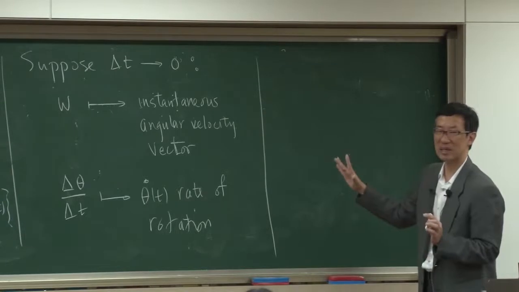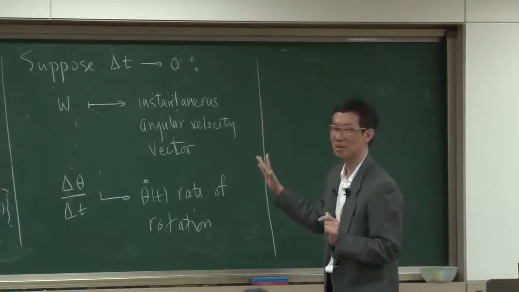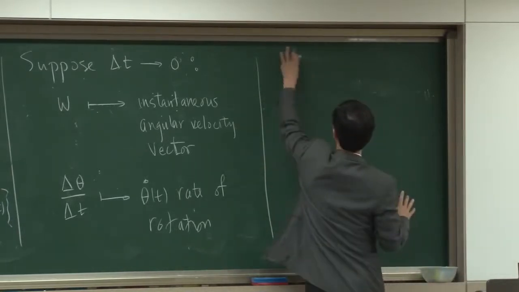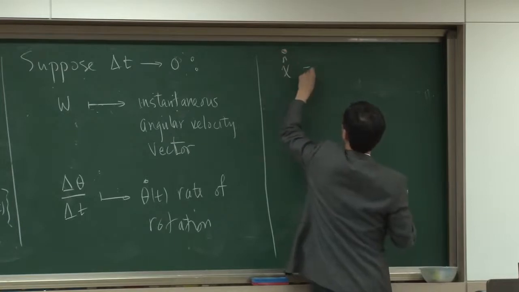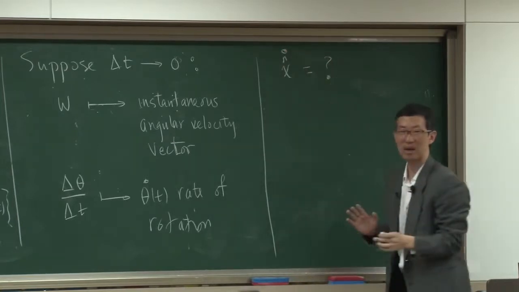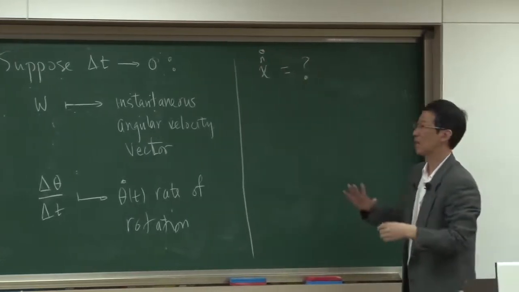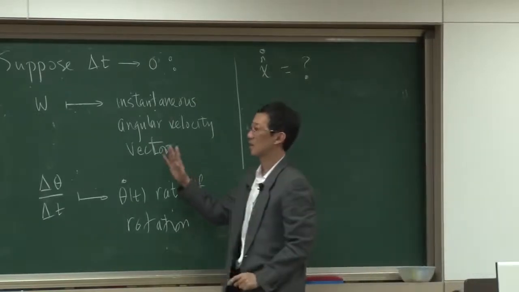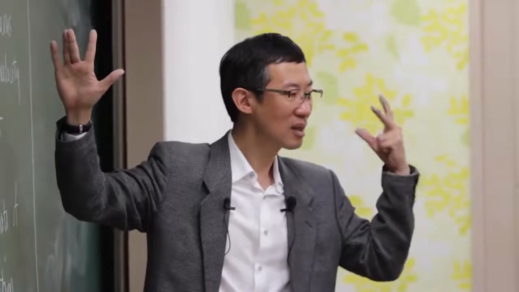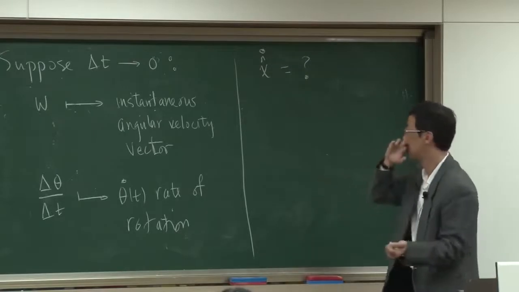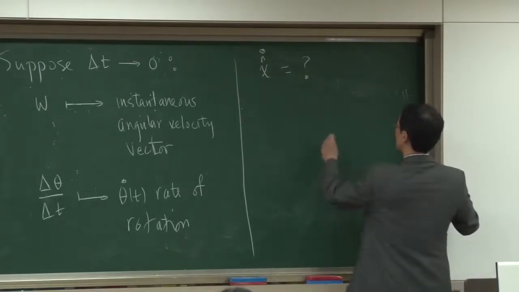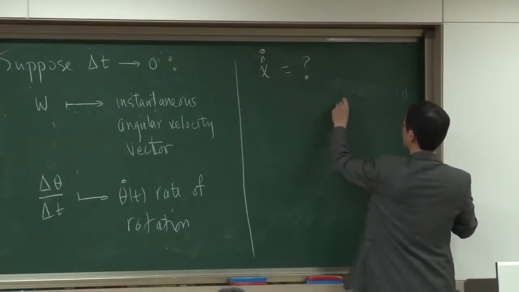Now the question we really wanted to answer is this. But now we know that something like this exists. It's physically plausible, what the instantaneous angular velocity vector means. So let's think about this.